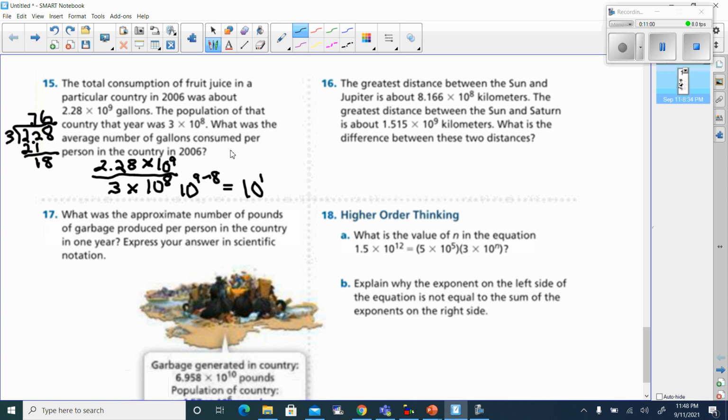This is going to be 0.76 times 10. Anything times 10 is moving the decimal over 1. So that means this is 7.6. And since we're talking about gallons consumed, 7.6 gallons per person.